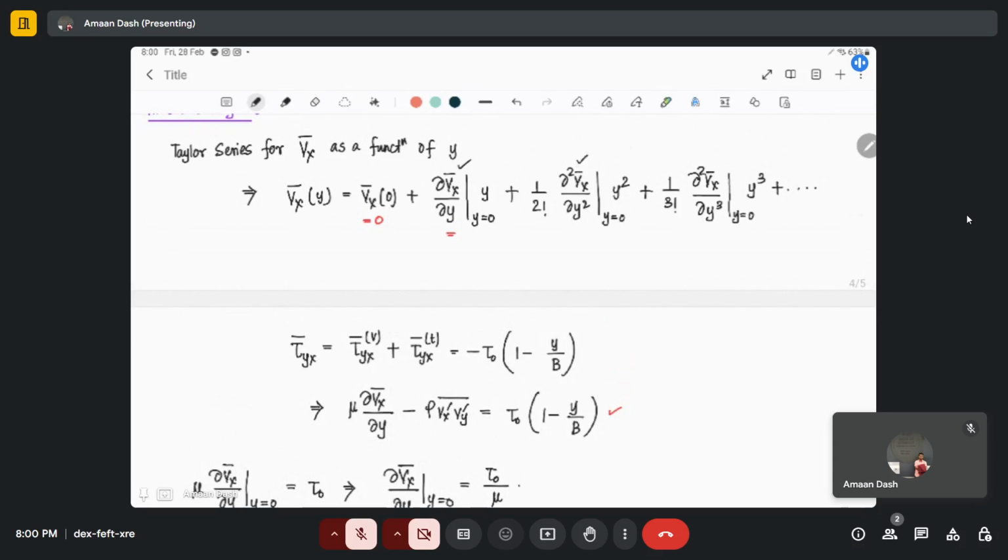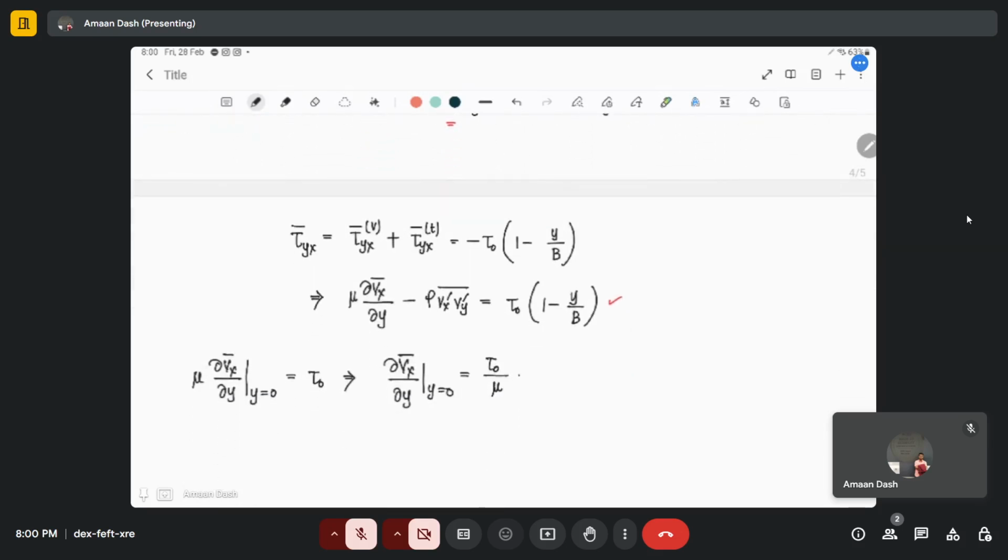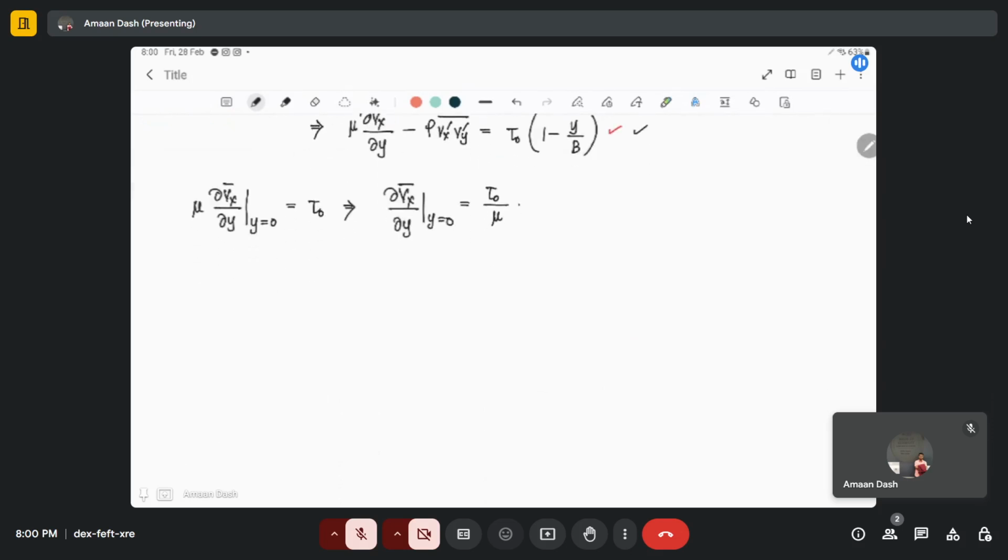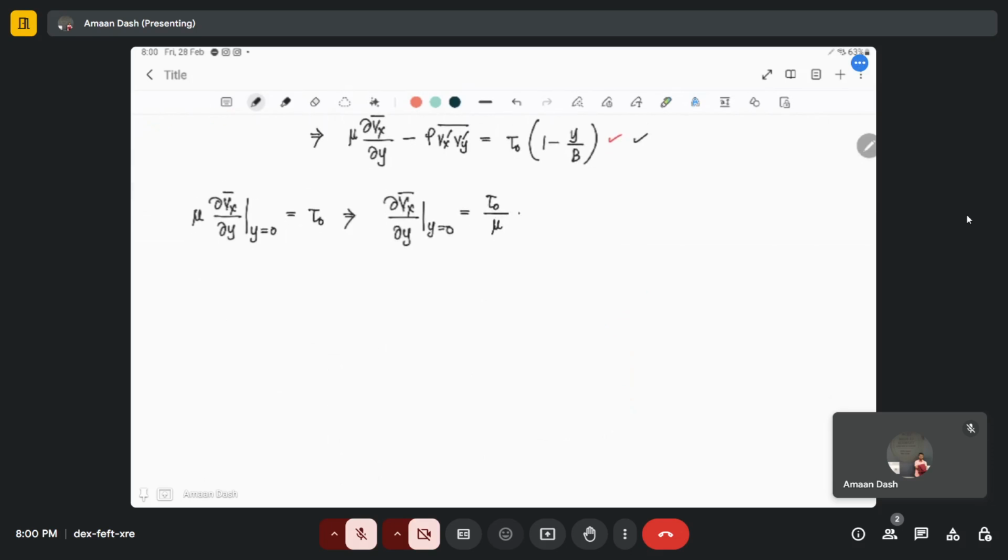Similarly, the third term, this one, involves the second derivative, which may be obtained by differentiating this term with respect to y and then setting y equal to 0. Correct? So let me write and try this.